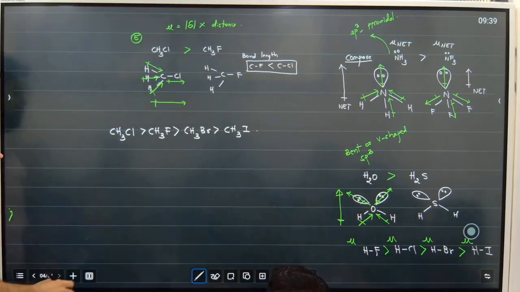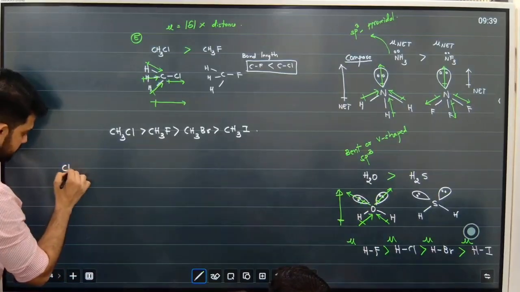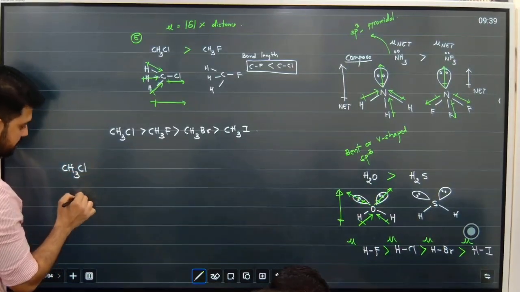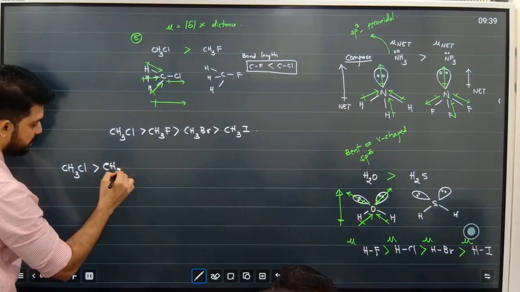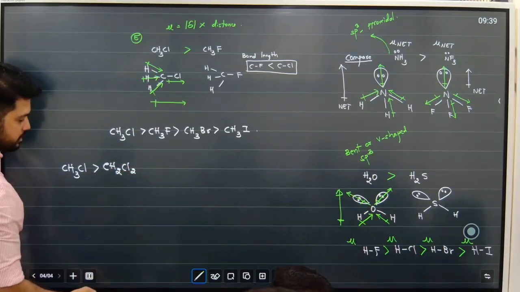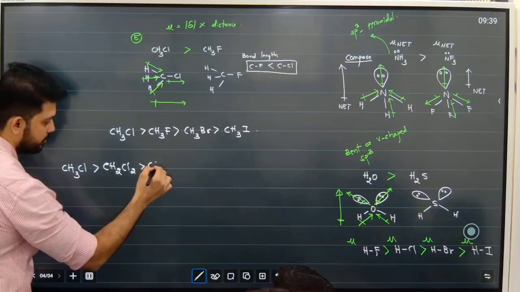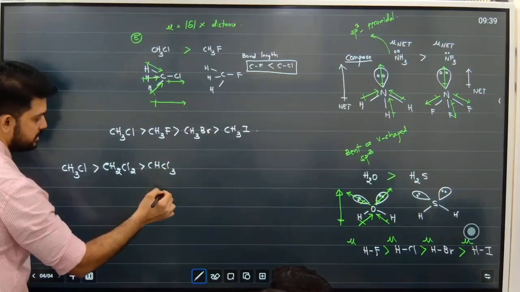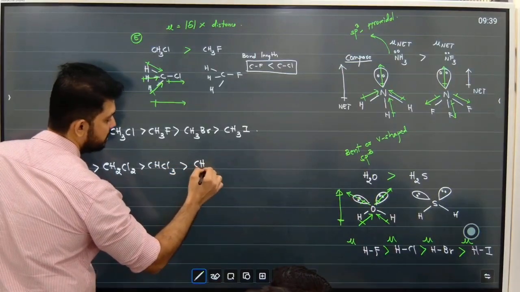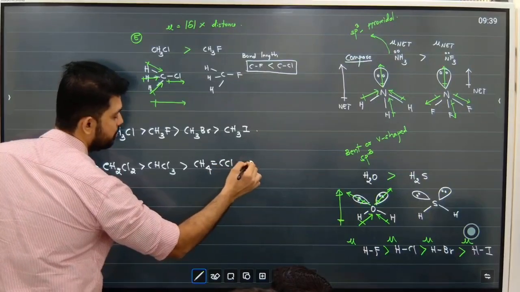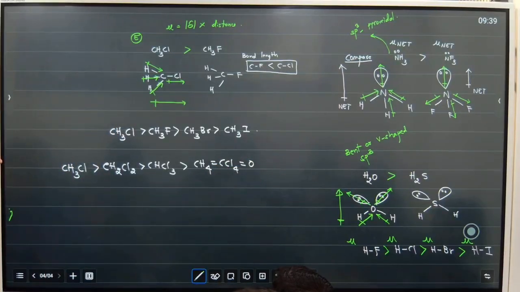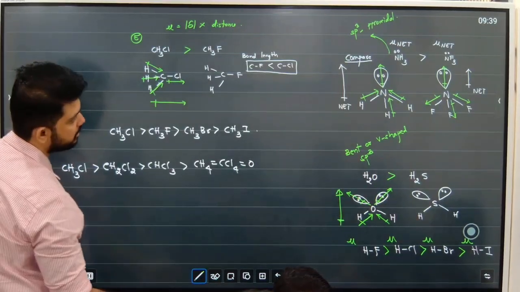A similar trend, not an exception: CH₃Cl, if we perform chlorination, which you did in 10th standard in lower standards, is more than CH2Cl2, CHCl3, and CH4, which is equal to CCl4, and their net dipole is 0. This is another trend that we can remember.